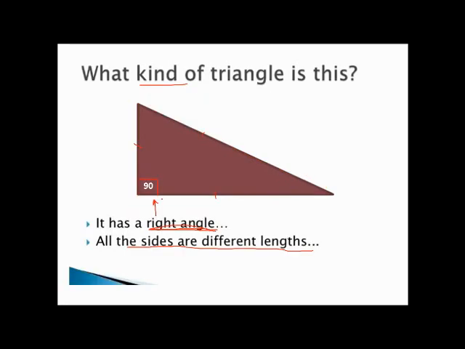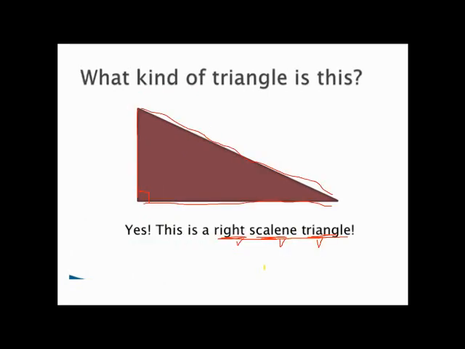Why right scalene? Because right, it has a 90-degree angle. So we name it a right triangle, and with three different sides, I name it a scalene triangle. Together, if I want to name this triangle, I will say right scalene triangle.